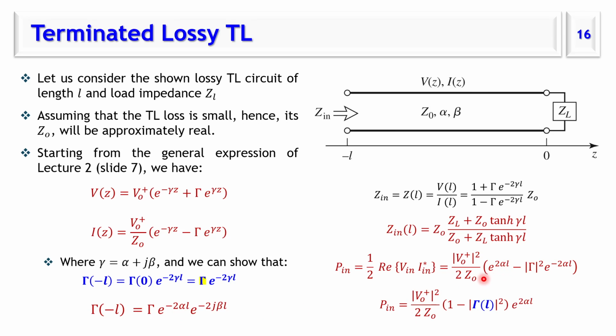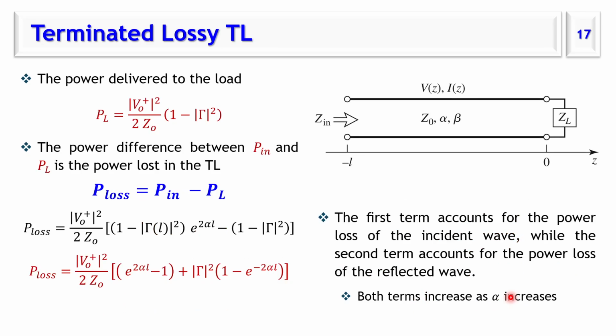If you take this expression out, this will be e to the minus 4 alpha L. Here this is the magnitude of gamma at L, gamma at the input, so the square of it will be e to the minus 4 alpha L. So this is the expression for the power input. Shortly we'll know why I put this into this format.